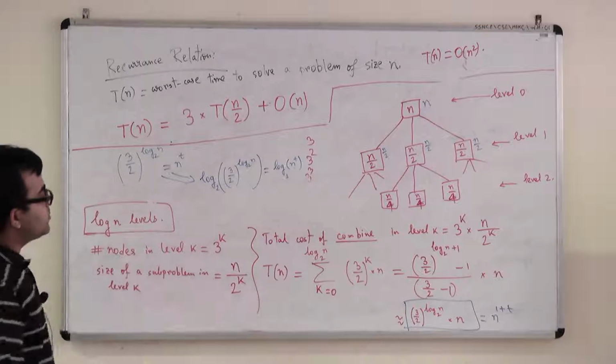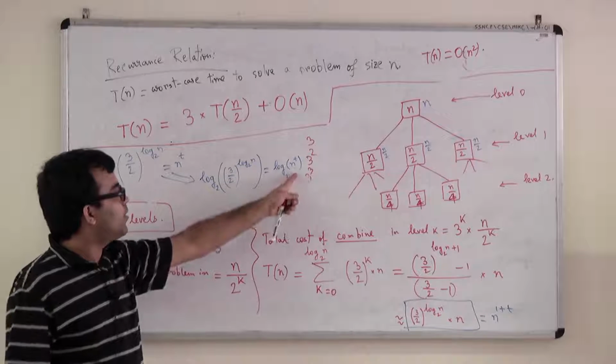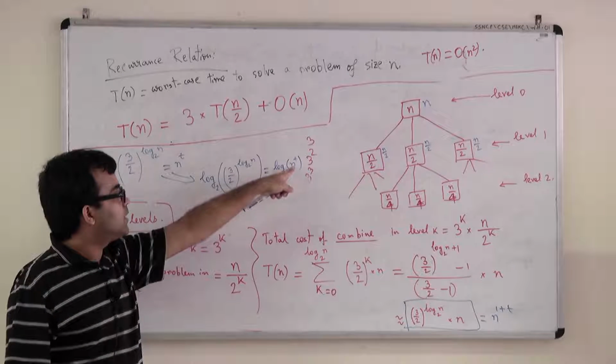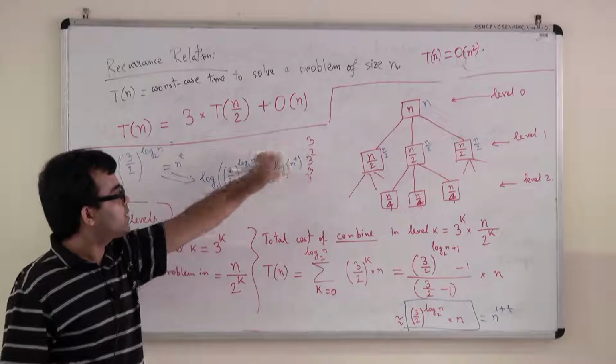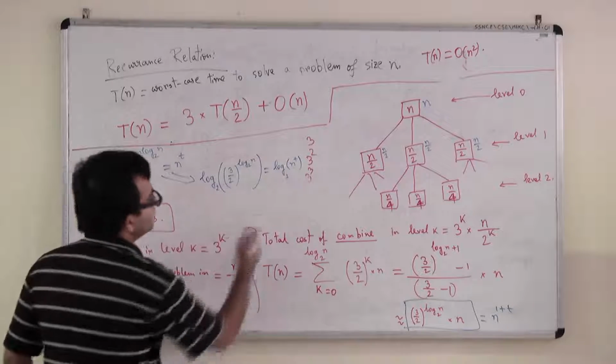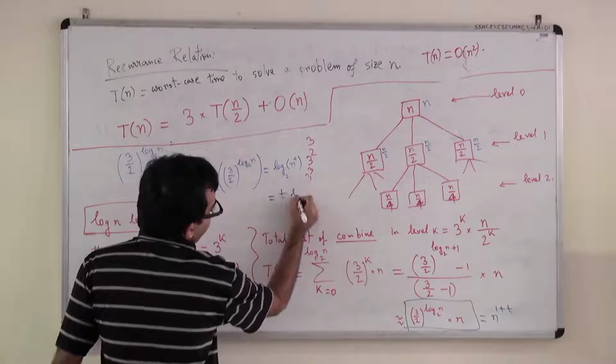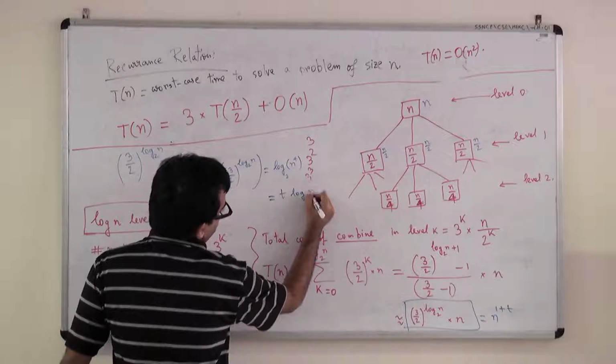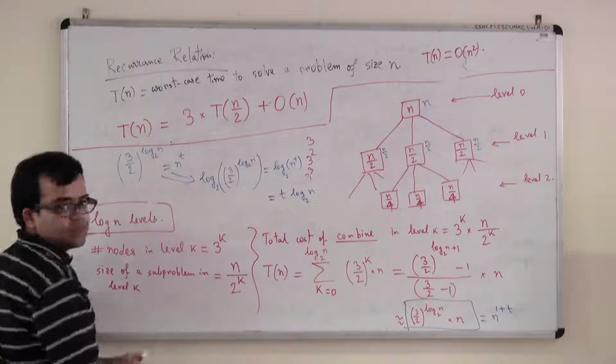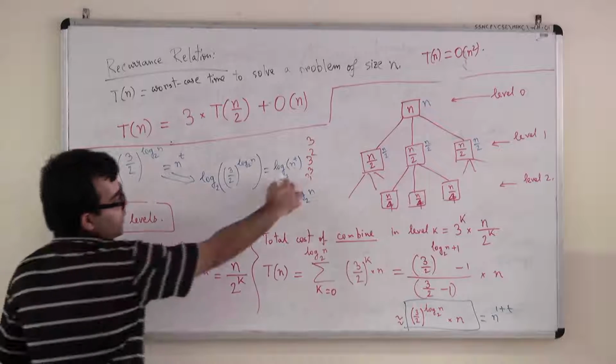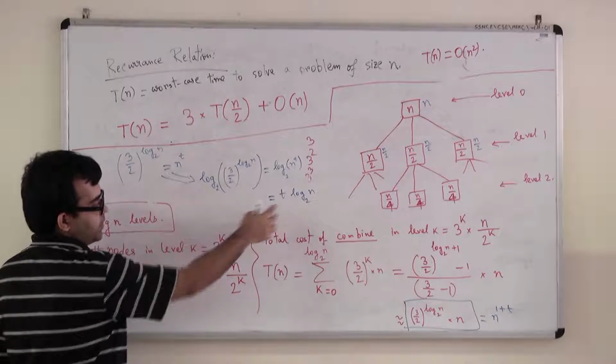One thing that you should know about log is that whenever you take log of something that is n to the power t, this t comes up front. So this becomes equal to t log n. This is just a property of the log function, and you can quickly verify that this is true. So the right hand side is t times log n.